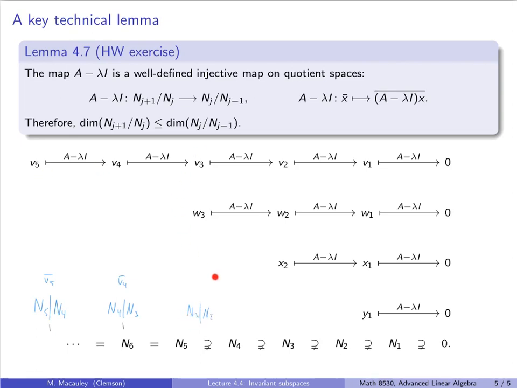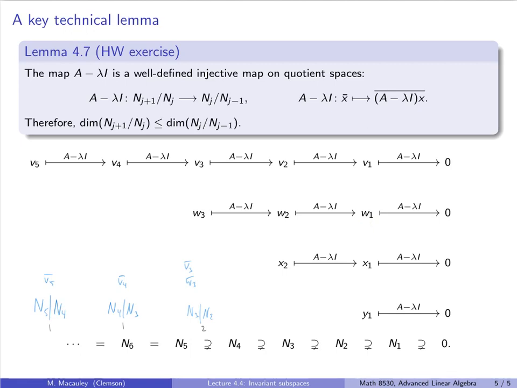These 9 vectors span a 9-dimensional subspace, and N2 is a 7-dimensional subspace, so this quotient is 2-dimensional. A basis for this is going to be v3 bar and w3 bar. Once again, you can't kill v3 and w3 with just 2 bullets. 2 bullets gets you to v1 and to w1 respectively.